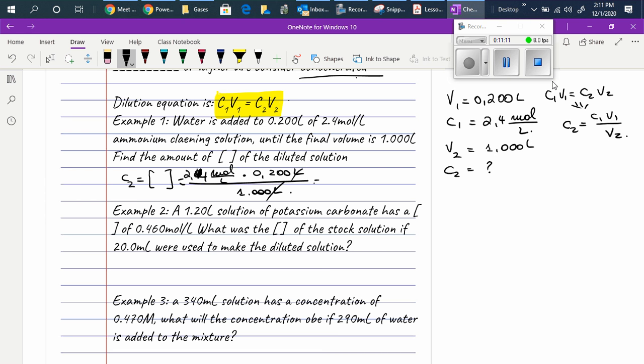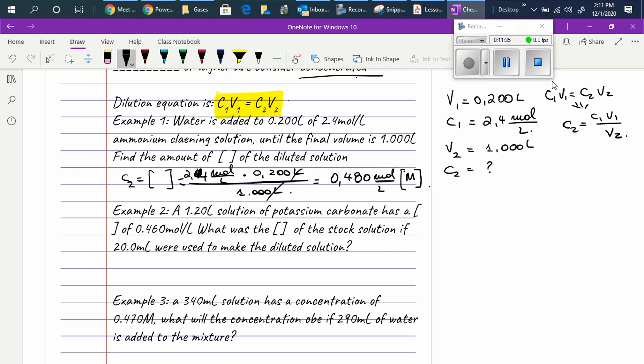So liters and liters cancel out. And then we have as the concentration 0.480 moles per liter, or you can say molarity, just M.